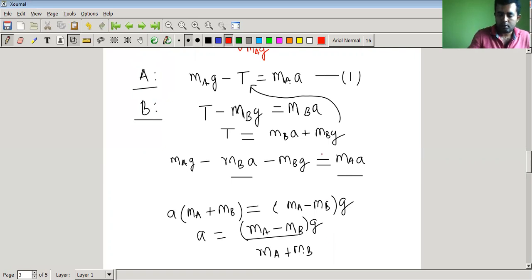Now, in the same way, we can find the tension in the string also. What you have to do is put this a back here.